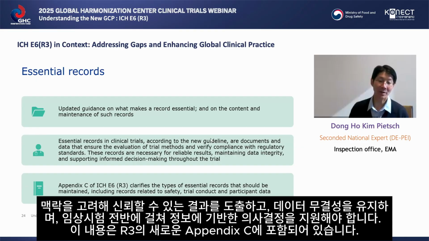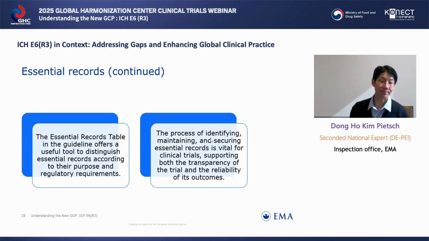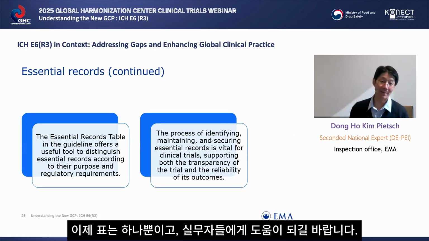So this is now the new Appendix C of R3, and there is now only one table, which hopefully is a useful tool for those tasked with this.